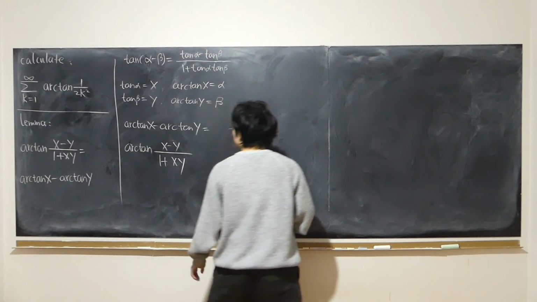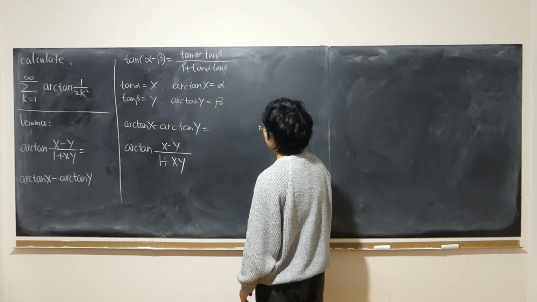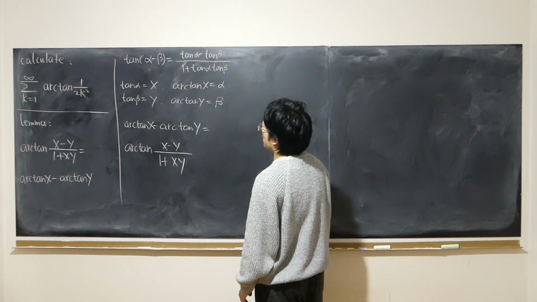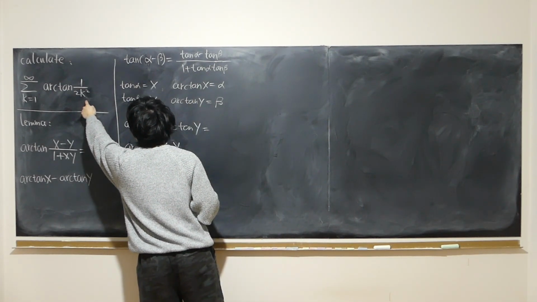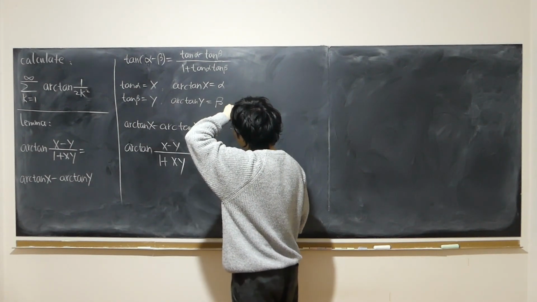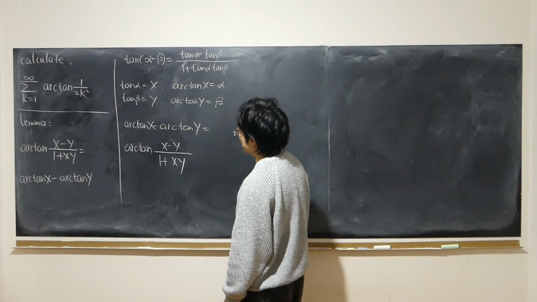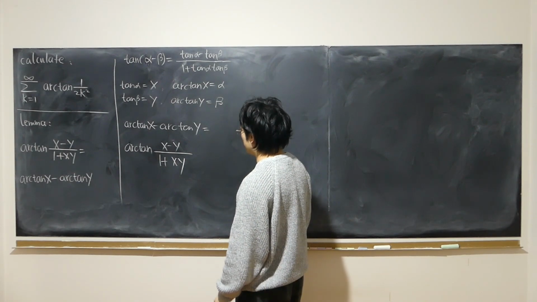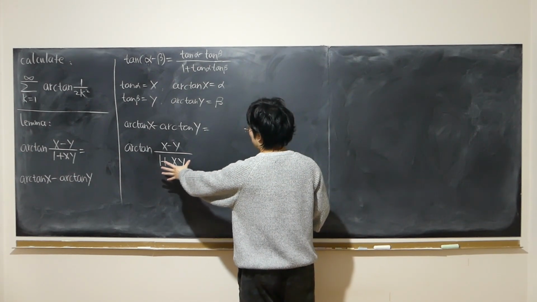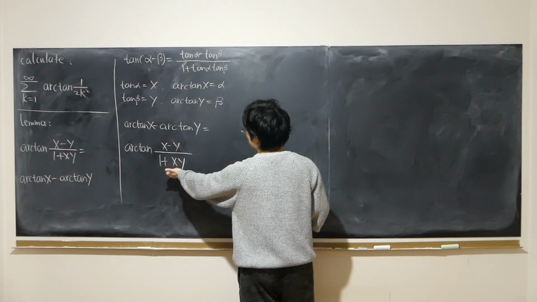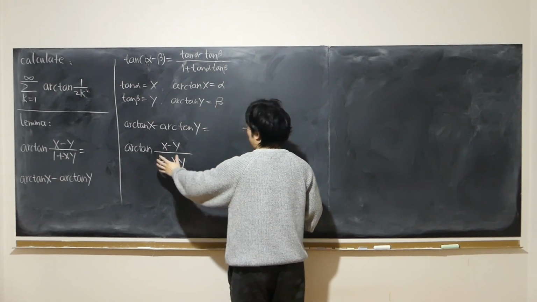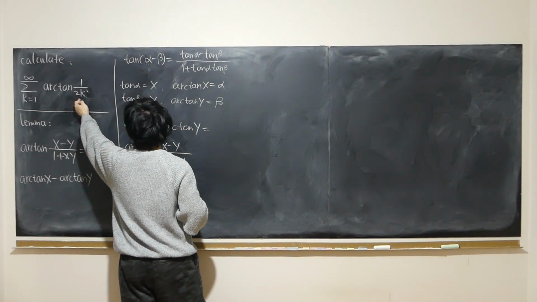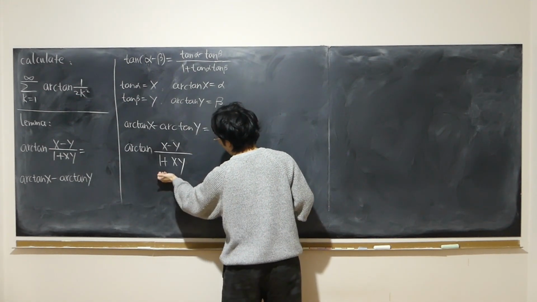Now my job is to somehow turn 1 over 2k squared into something that's simpler, or perhaps more complex. How can I determine what is x and what is y? Because we don't have 1 plus something on the bottom, somehow I want to make 1 appear.